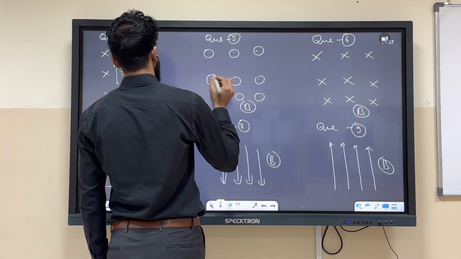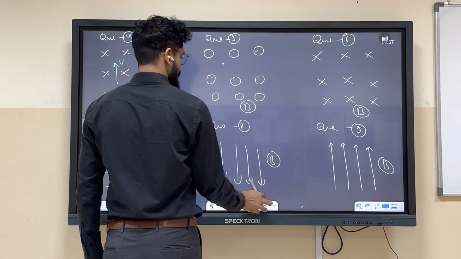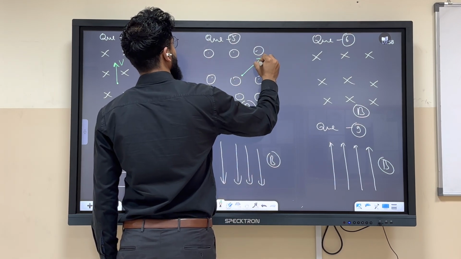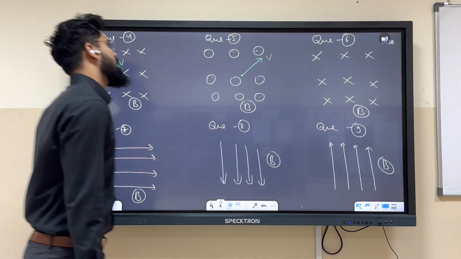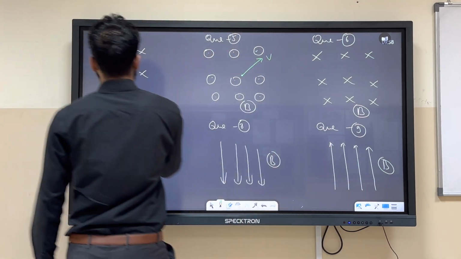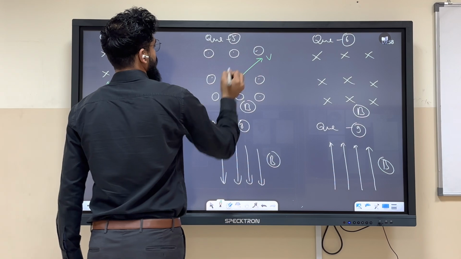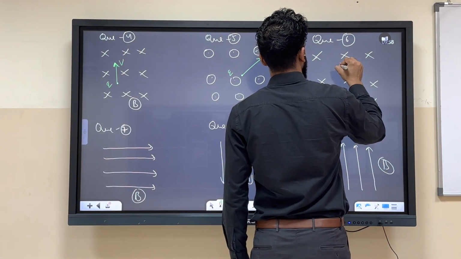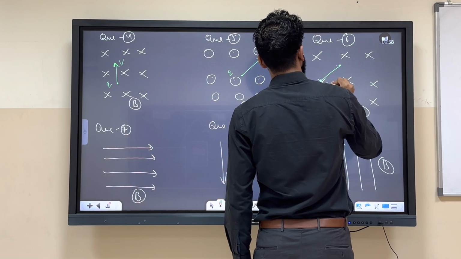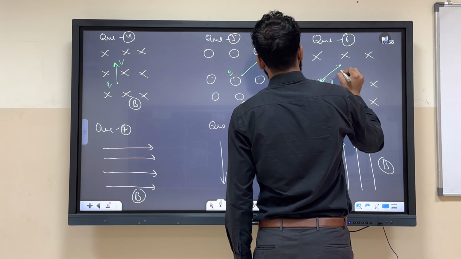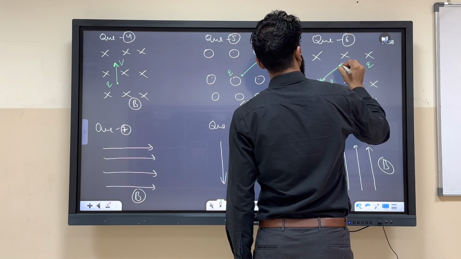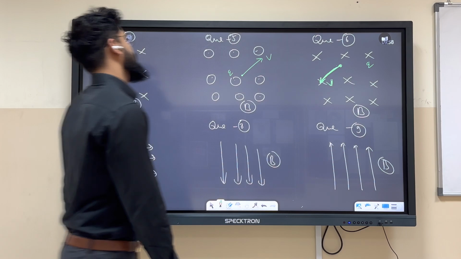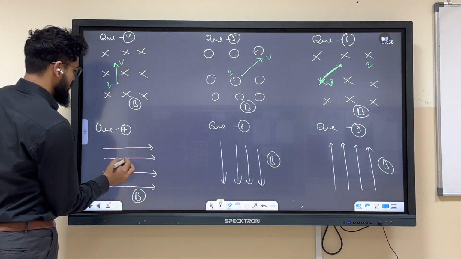We already did this. Your charge over here is moving in this direction. Charge Q1 is moving in this direction. Over here.